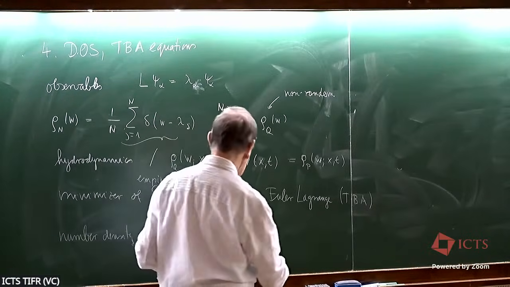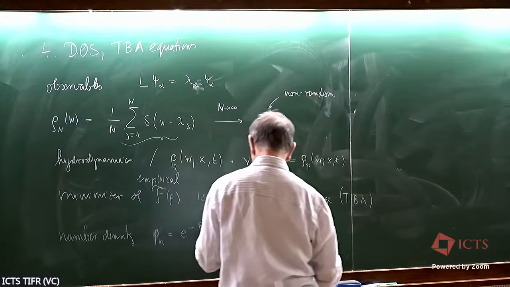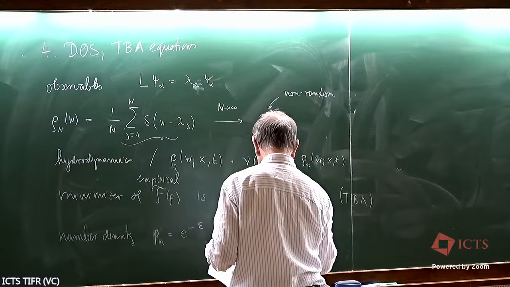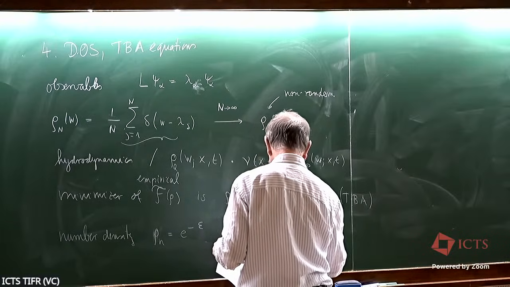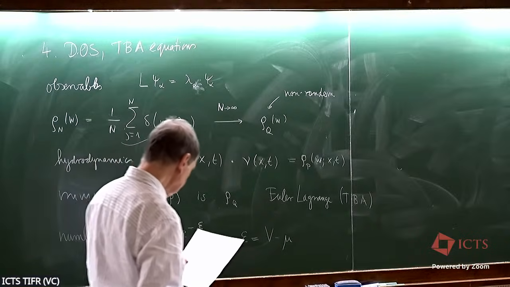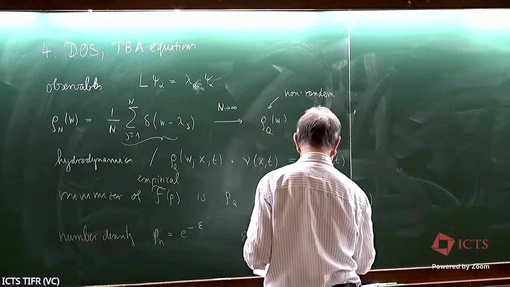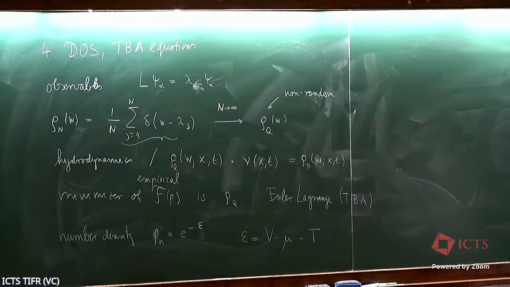Now the claim is that the epsilon is given by the confining potential minus mu, and then we have the dressing, and this is minus the dressing operator, the one which I introduced over here.